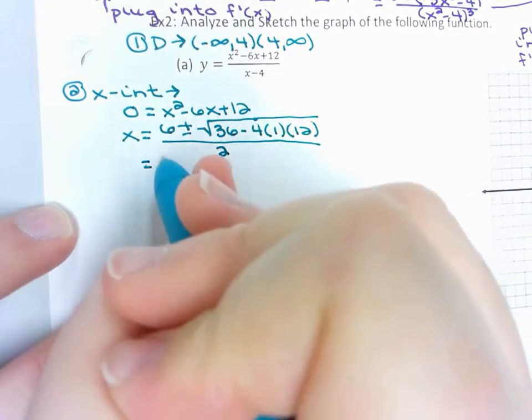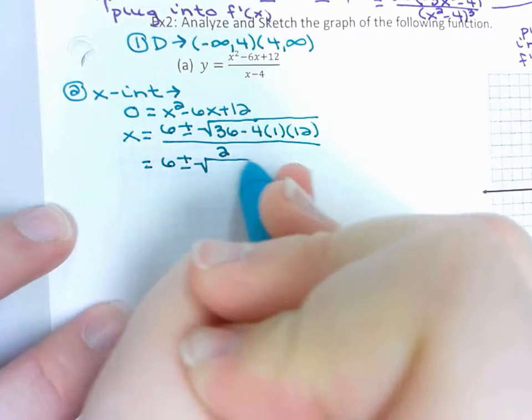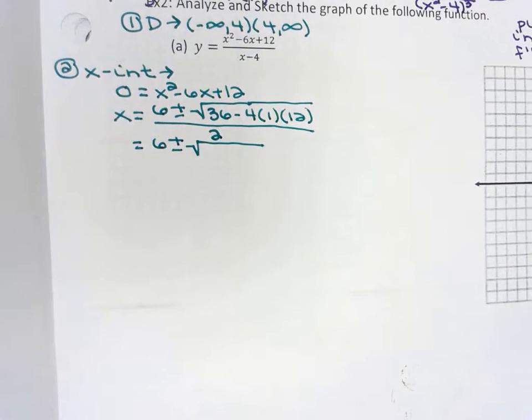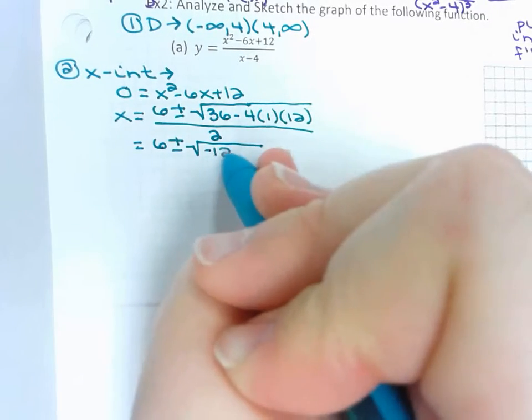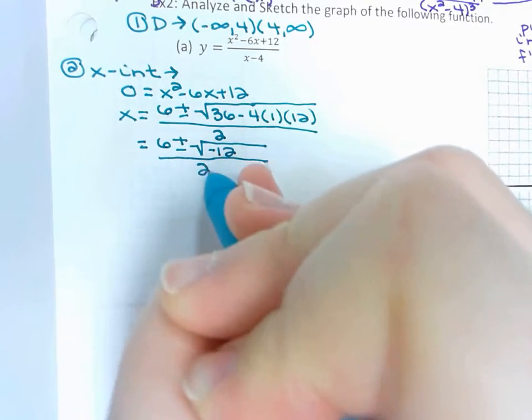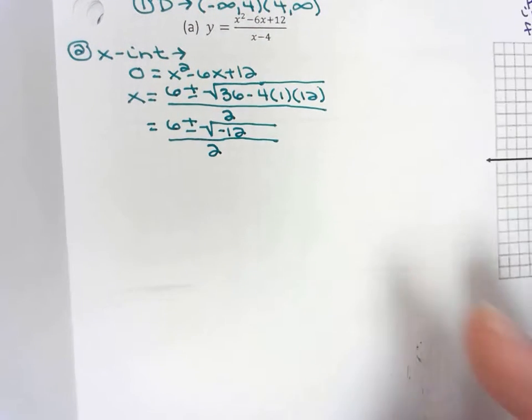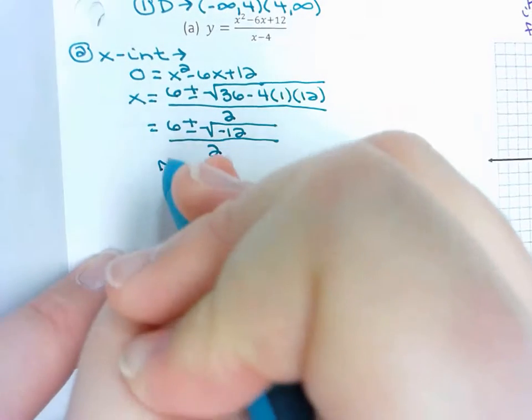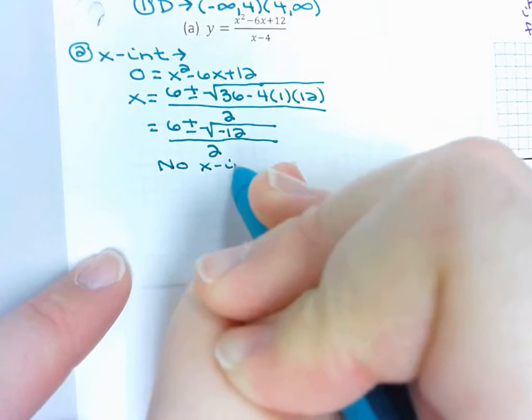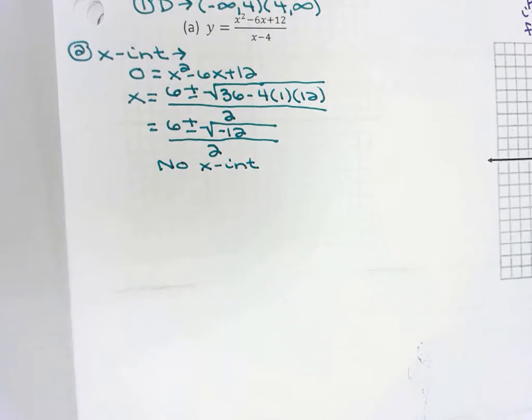So I will have 6 plus or minus the square root of 36 minus 48, which is negative 12. And right there, I see a square root of a negative. So we would technically have an imaginary number, but imaginary numbers don't show up on the graph, so I don't really care about them. We're just going to say no x-intercepts.